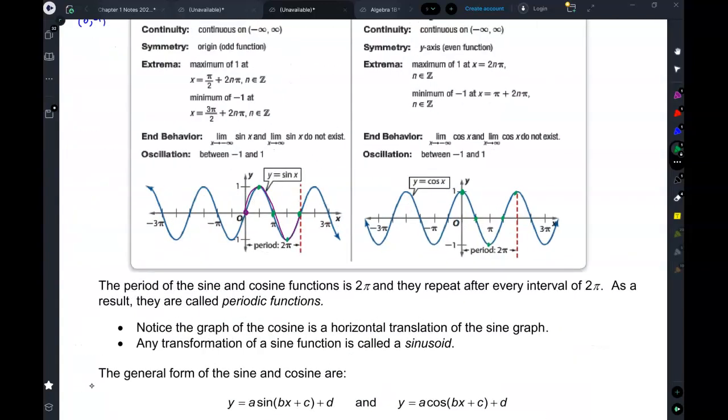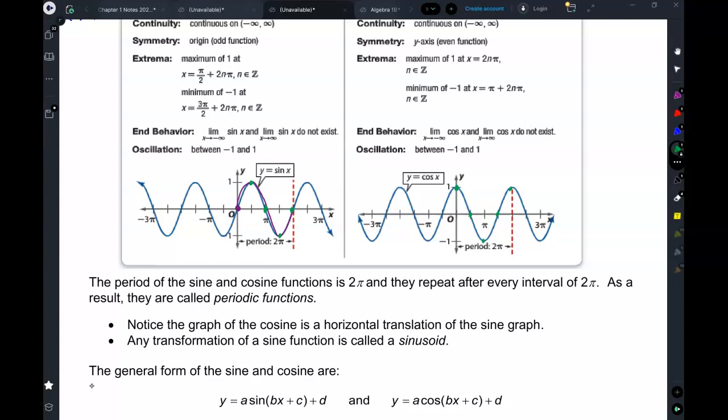What else? Take a look at the cosine and the sine. Do you see how, if this was a movable graph and I grabbed this curve and shifted it over, it would look like the cosine? That's because sine and cosine are related like that. They're just half a pi away from each other.